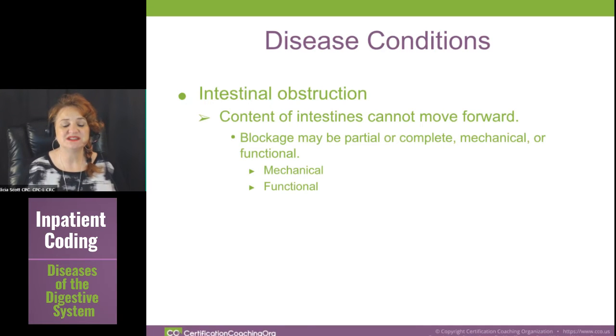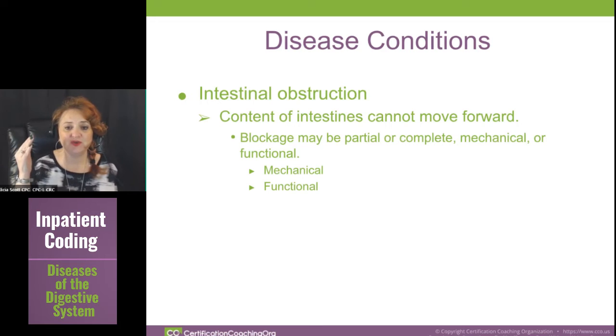What happens if we have an intestinal obstruction? Well, when you have an obstruction, that means a blockage. And what is happening with our intestines? The whole digestive tract is tubular, right? And so it's flowing, and it's flowing in one direction. If you have an obstruction, there's going to be a backup.